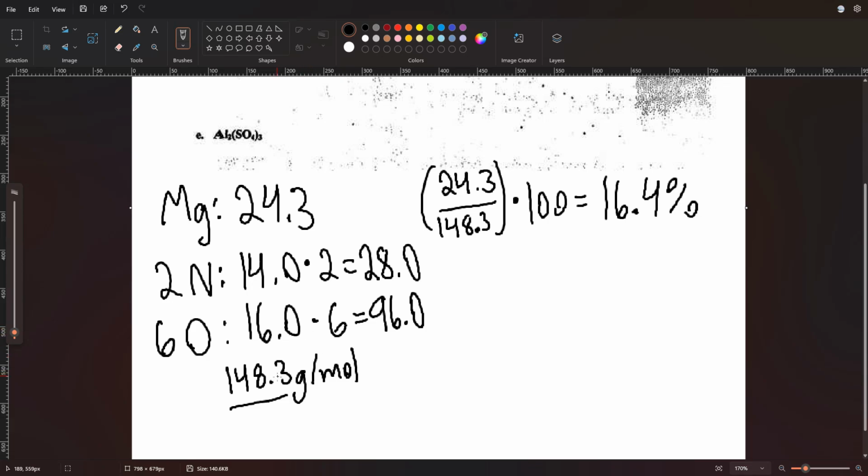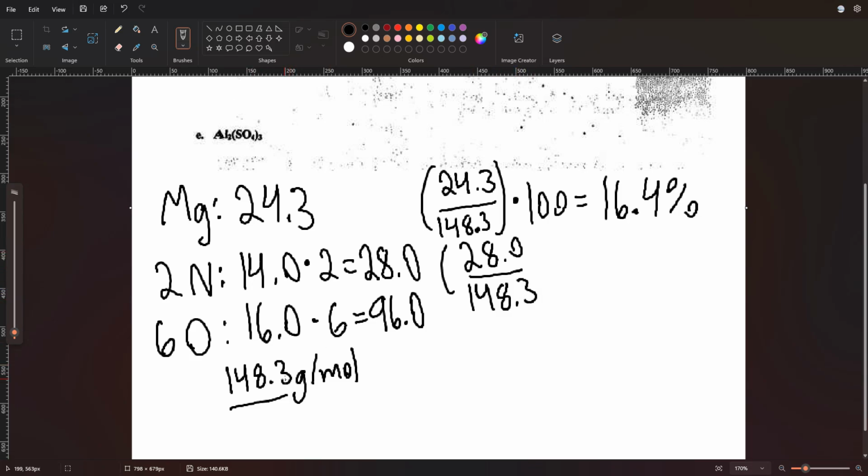So we could leave this as it is or just have 148. Does it affect the calculation? Very little. So if we want, we could just do 28.0 divided by 148 or 148.3.